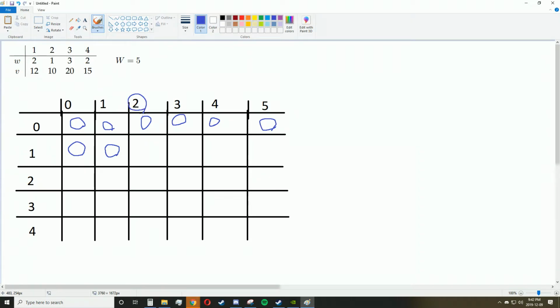Alright, so we have 2 weight left. We want to pick item 1. Can we pick item 1? We can, because it weighs 2. So we're going to do a little comparison here. We're fighting over this slot. And we want to know, is it worth it to take the item that's above it, or is it worth it to take this item plus, you go back 1, 2, plus this.